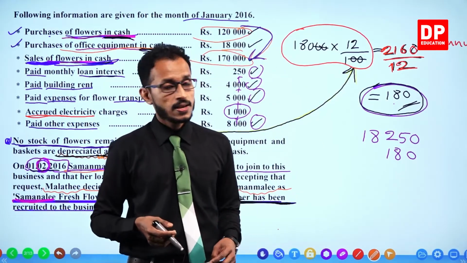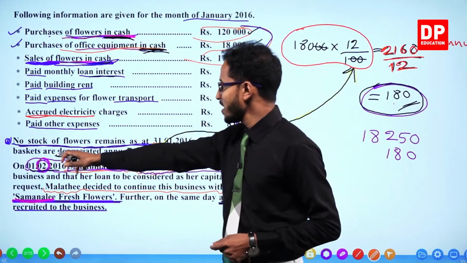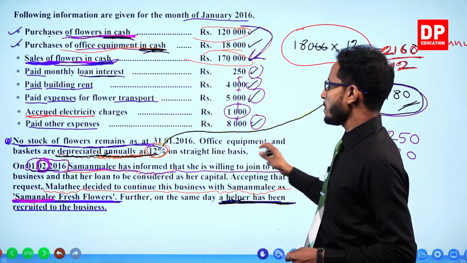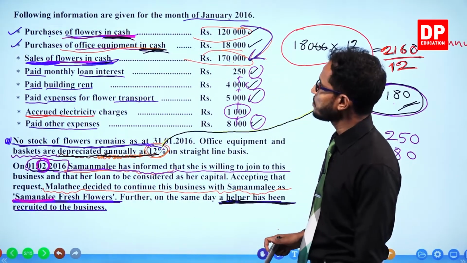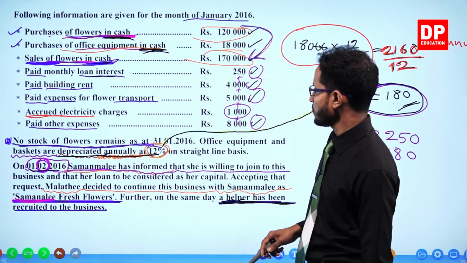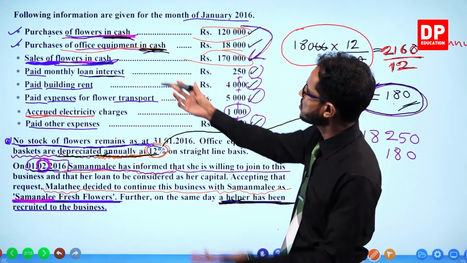Non-cash expense. Not only that, we have another depreciation, flower baskets. Flower baskets too must be depreciated. How much is the flower baskets, children? Flower baskets, is it there?